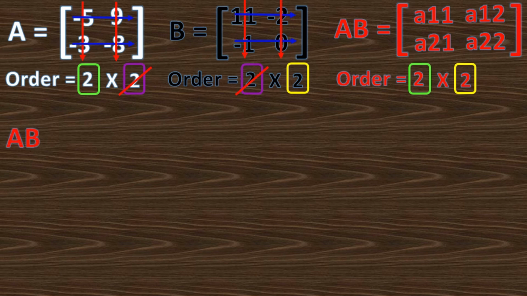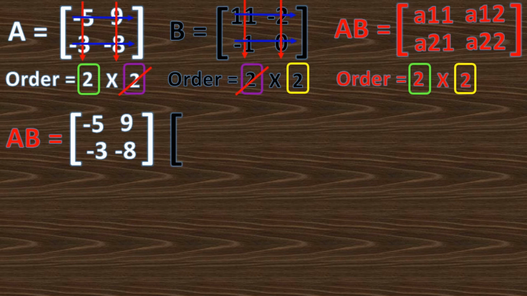Now students, let's go for the actual multiplication. So we are considering AB. AB means matrix A multiplied by matrix B. So both matrices we are writing simultaneously in multiplication format. Minus 5, 9, minus 3, minus 8, and multiply by matrix B, 11, minus 2, minus 1 and 0.